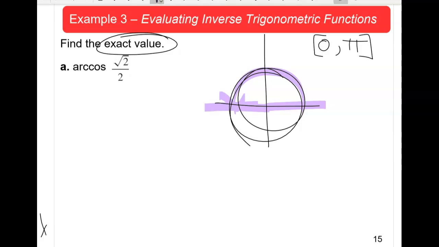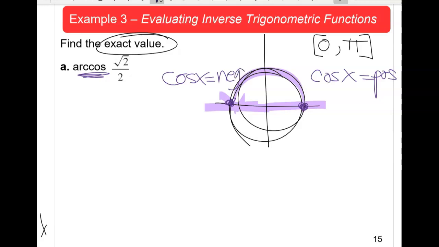And in fact, our answers could be given from quadrant 1 or quadrant 2. However, for cosine, since it's related to the x values, cosine of x in quadrant 1 is a positive answer, while cosine in the second quadrant is actually a negative answer.